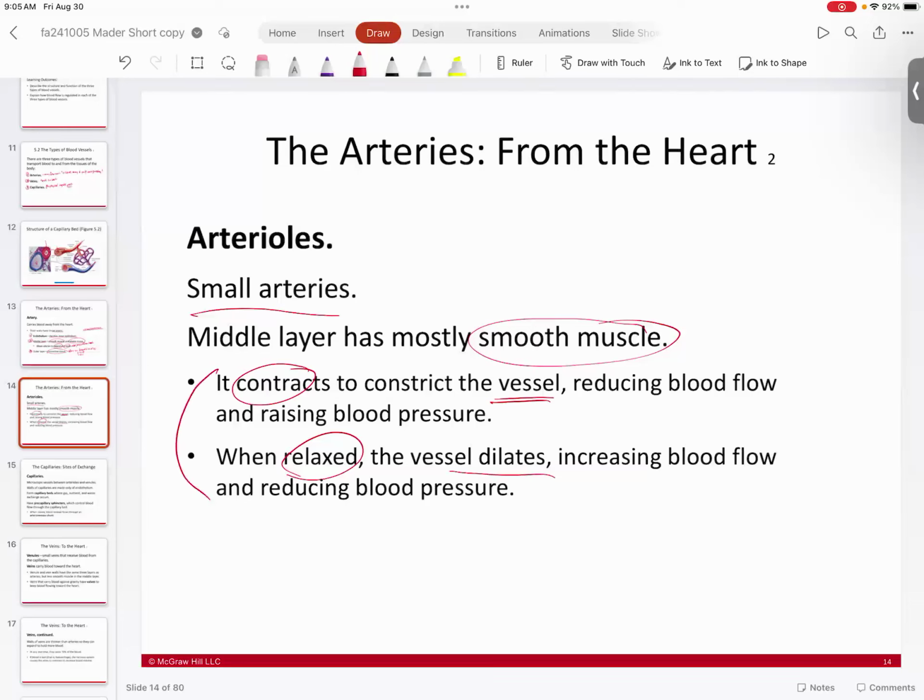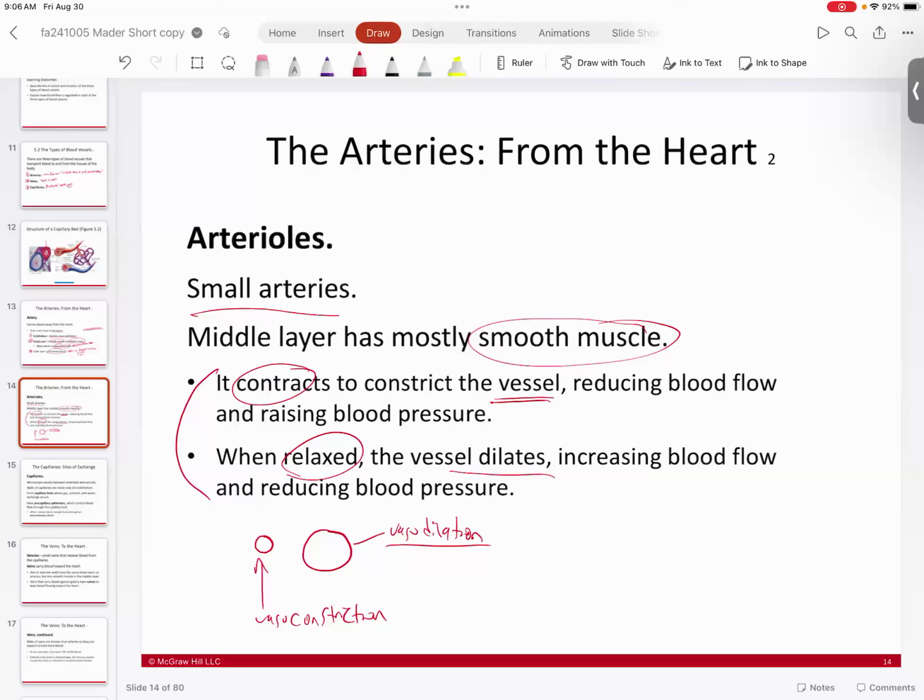So when you're constricting the blood vessel to reduce the diameter, this is called vasoconstriction. And when you're relaxing the blood vessel to increase the diameter, this is called vasodilation.